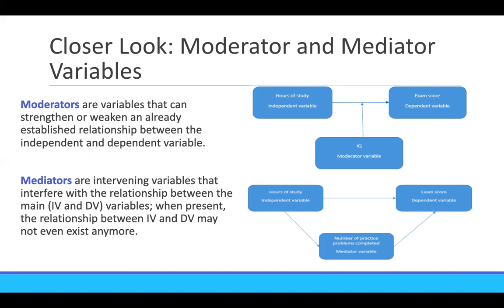Mediators are intervening variables that interfere with the relationship between the main IV and DV. And mediator variables are such that they may make it so that the relationship between IV and DV might not even exist anymore. The example here is number of practice problems completed. So the hours of study we thought influenced exam score, but maybe it is that the hours of study influence the number of practice problems you completed, and that's really what has the relationship with the exam score.